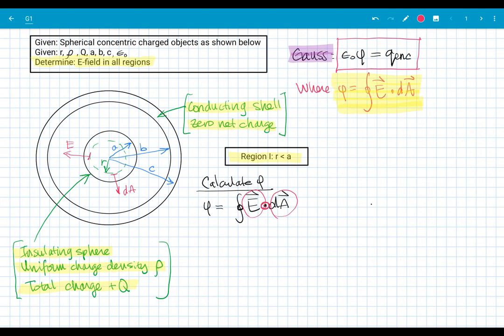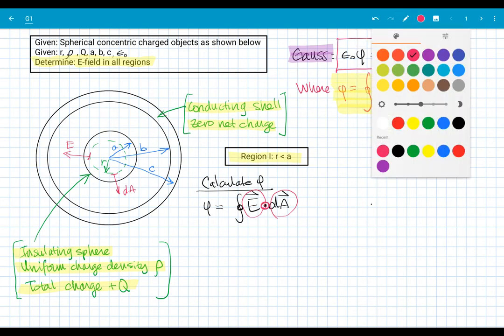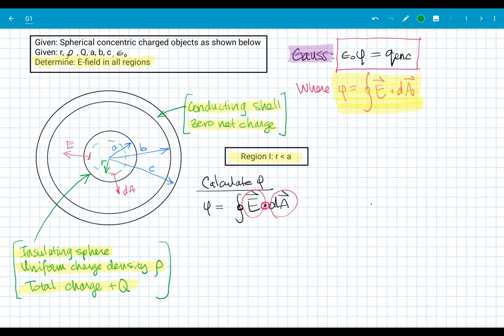The other thing I can notice is that I'm going to use a different color here. This part that's outside my Gaussian surface, this part that I'm kind of shading in right now, think about it, that's going to be a shell, right? That's going to be a charged shell of material.